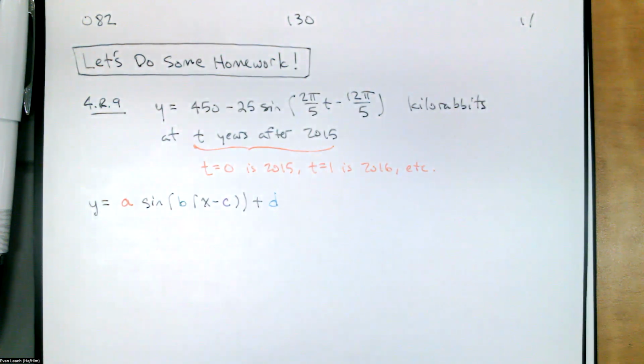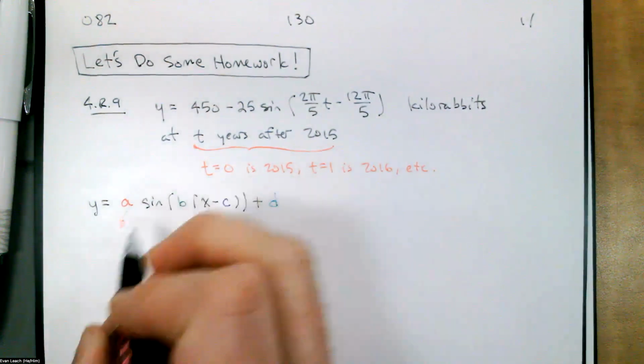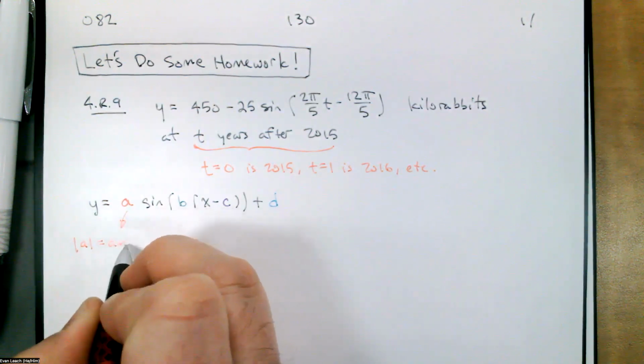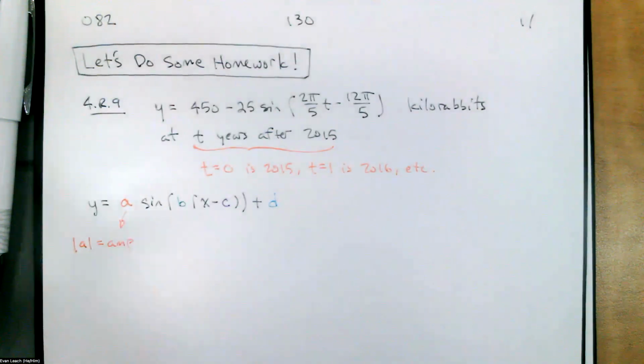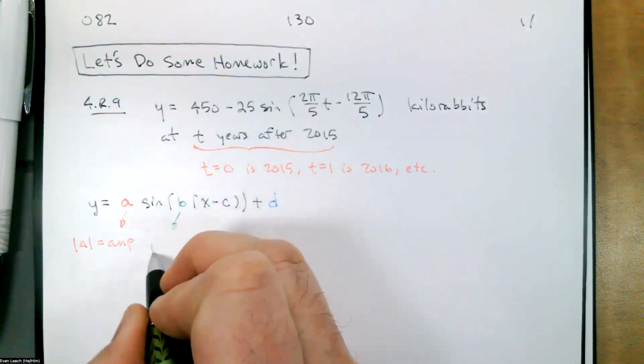We know what each of these 4 constants represent in terms of the function. A represents the amplitude. So the absolute value of this number is the amplitude. B is in control of the period. It's not the period, but it tells us how to calculate it.